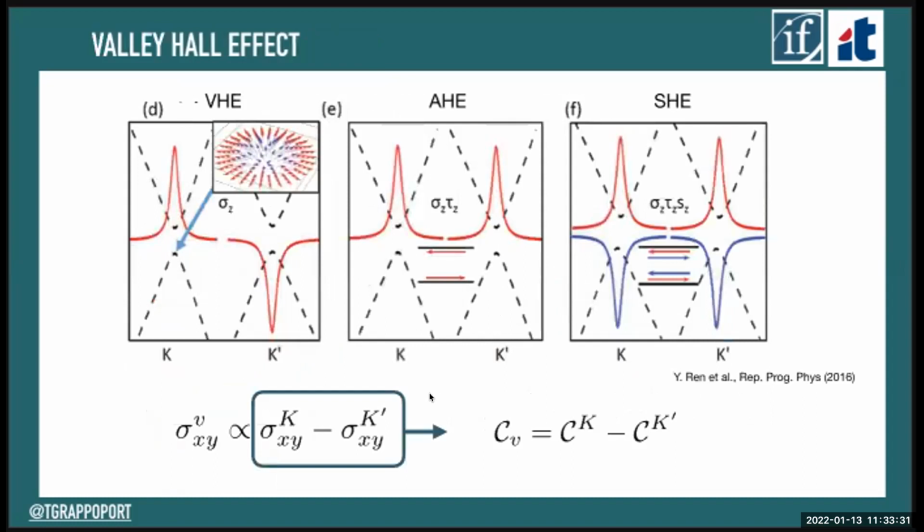Also we could include just a mass term, which is proportional to sigma z. In that case, different from the other two cases, we break inversion symmetry. We also have the same gap, but now we have a positive Berry curvature for K and negative Berry curvature for K prime.